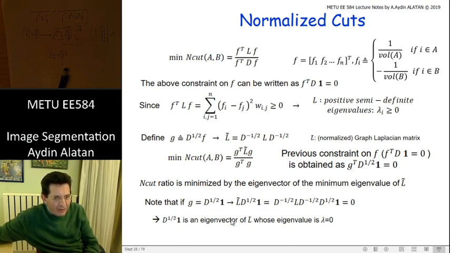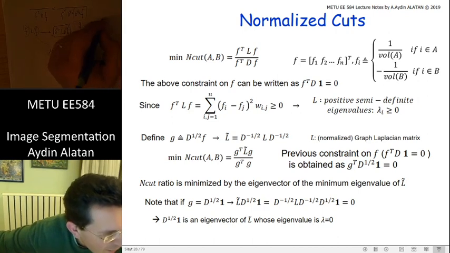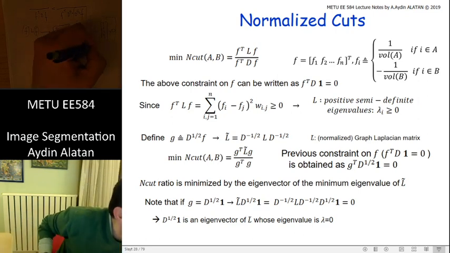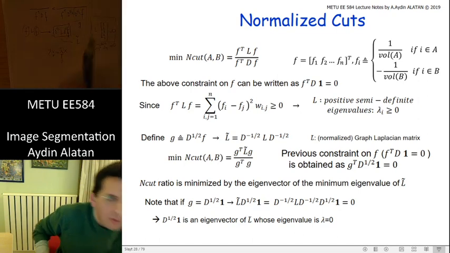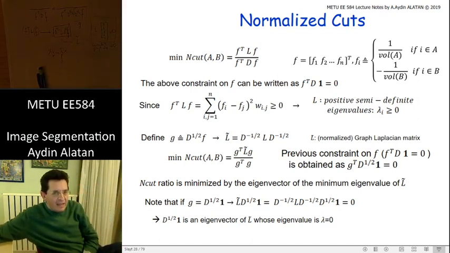Therefore, this eigenvector corresponding to the 0 eigenvalue always exists since we are having a connected graph. Connected graph Laplacians always have a 0 eigenvalue. Therefore, this is not something useful.